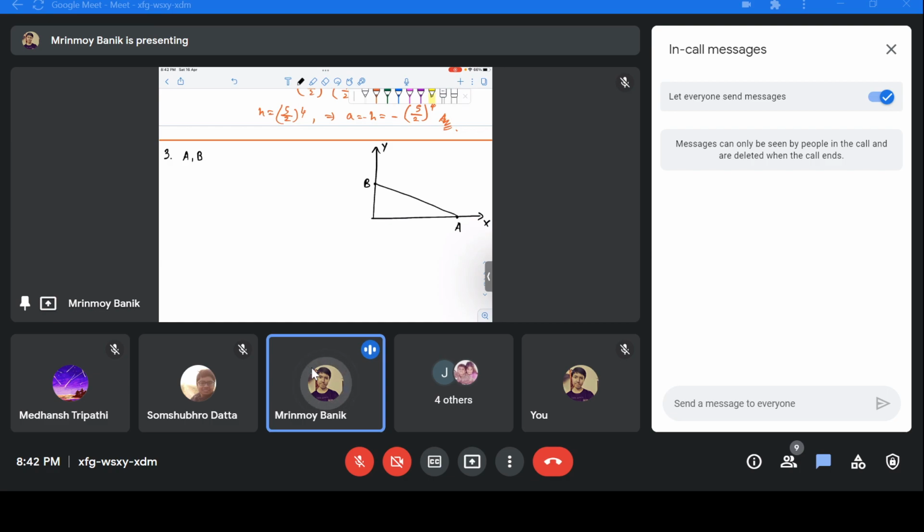The line segment AB has a midpoint C, and the AB is in the first quadrant and has a fixed length of 2D. This is a perpendicular dropped from point P to C such that this length is also D.